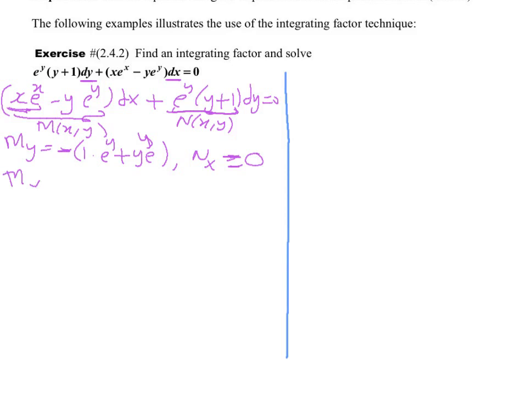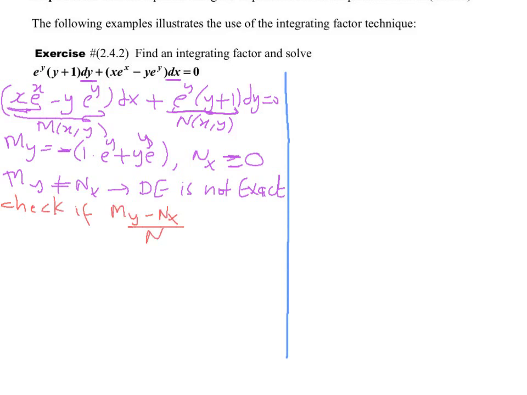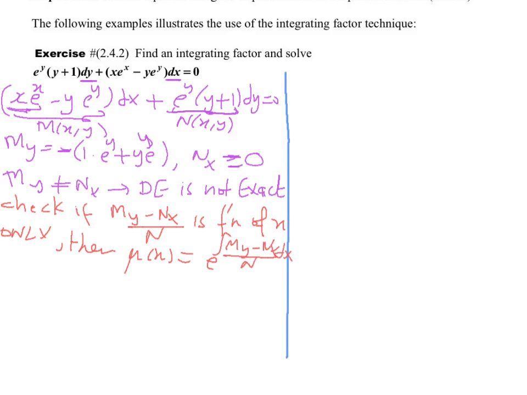Clearly, My is not equal to Nx, so the differential equation is not exact. And anyway, the question says to find an integrating factor, so it will not be exact. How do you find the integrating factor? We are going to check if (My minus Nx) divided by N is a function of x only, then mu x is equal to e to the power of the integration of that, which is (My minus Nx) divided by N dx.